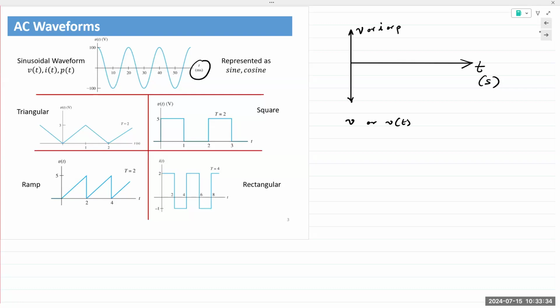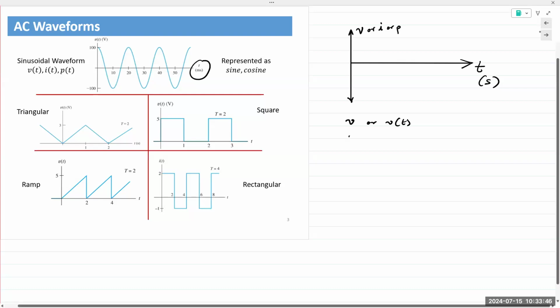If we have an AC circuit, logic dictates that the voltage or current would be a function of time. So sometimes the T would be omitted. It could be V of T, could be I or I of T. Sometimes it would be P or P of T. So sometimes the T could be omitted.